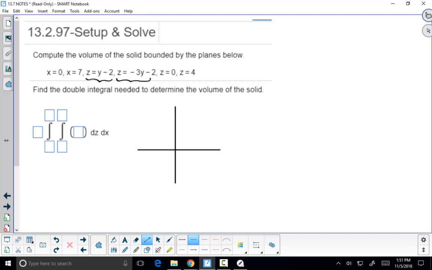The first one, z equals y minus 2, is a line with a slope of 1 and a z-intercept of -2, so it's going to look something like that. And then the other one has a slope of -3 and an intercept of -2 also.